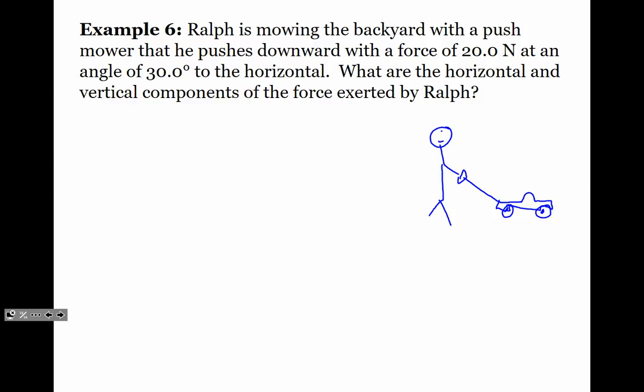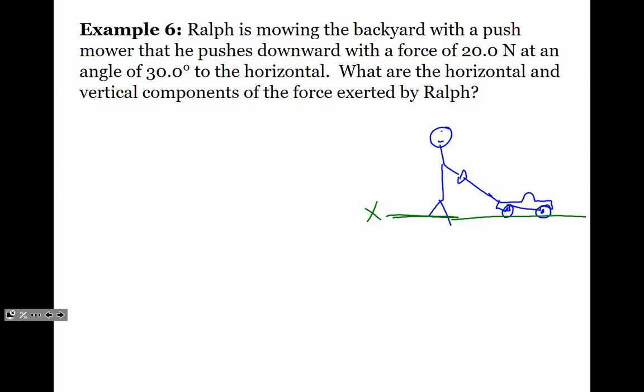And so it says to the horizontal. Well, it says right here, he's putting a force of 20 newtons at an angle. So if this is the horizontal, that's my x axis.